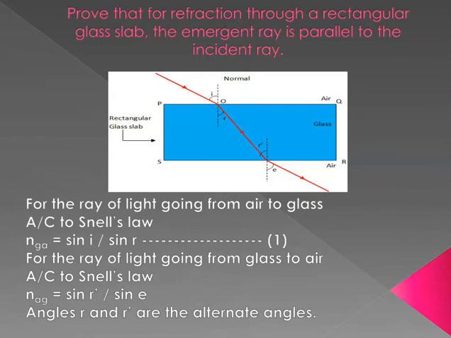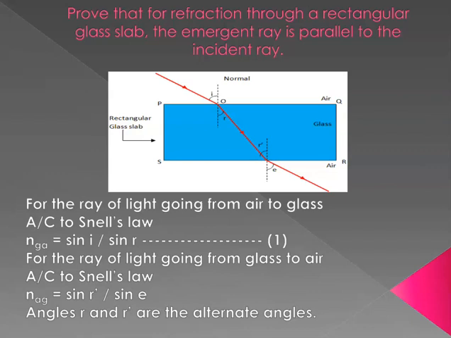Now how do you prove that in refraction through a rectangular glass slab, the emergent ray is parallel to the incident ray? So here you see one rectangular glass slab is there, and the red colored ray of light enters from air to glass.